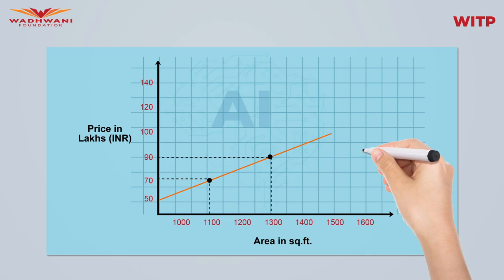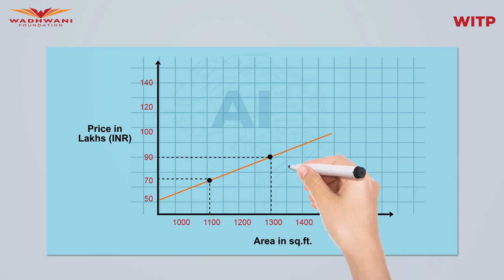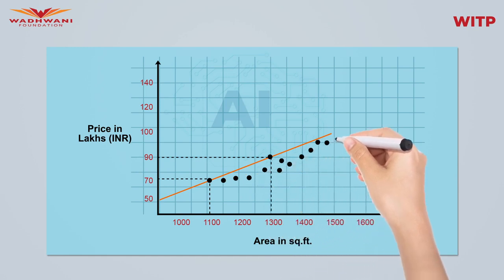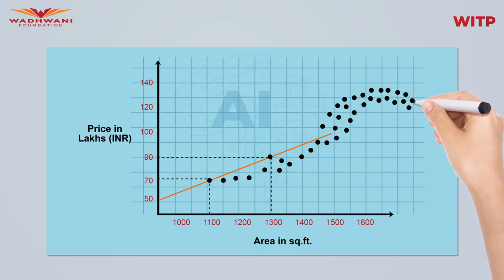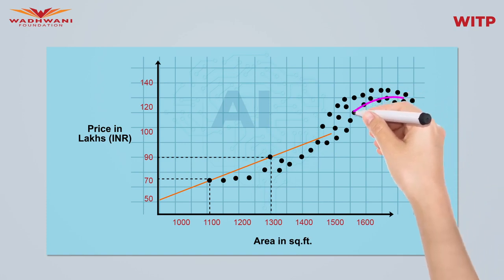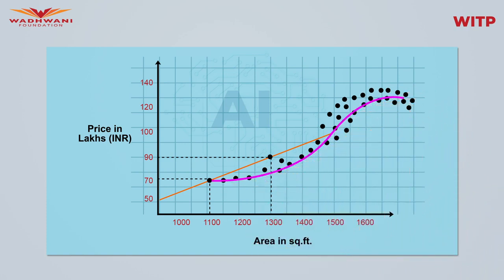in Delhi. But as we feed more and more data, as we collect data for more and more houses, our algorithm may say, you know what, this relationship is closer to an S-shaped relationship. So we see that our machine learning algorithm is dynamic.